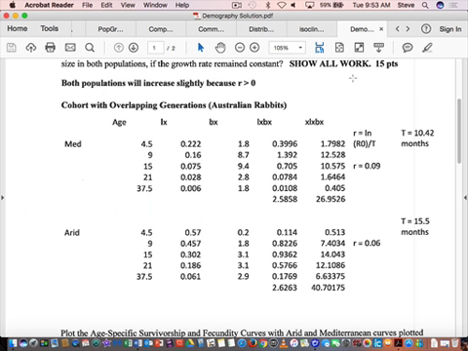So where you take, unfortunately, it should be the logarithm of R sub O, right, divided by T, okay? So where do you get R sub O? Which value is that? Yep. So this is R sub O, the sum of all these values in the LX, BX column, okay?